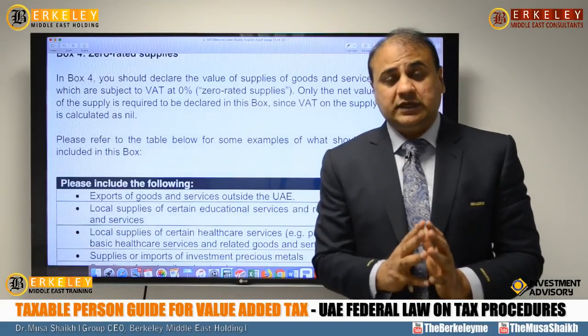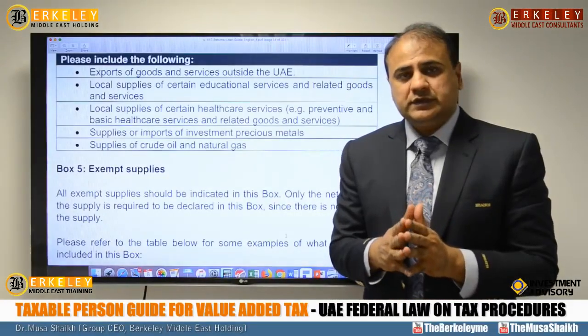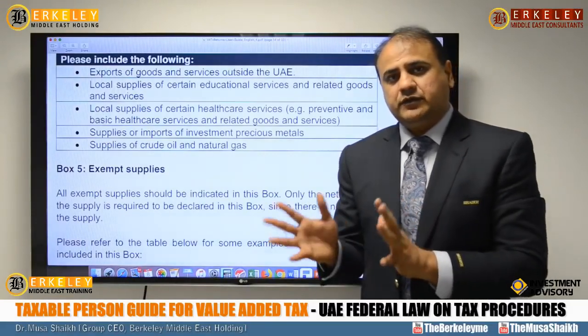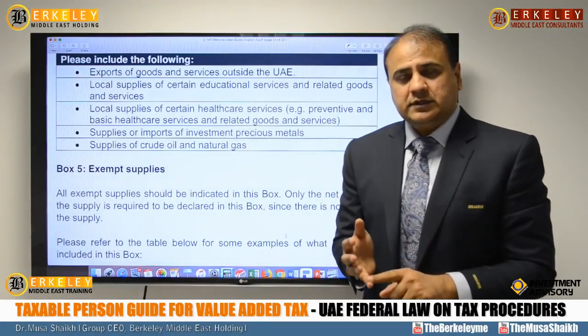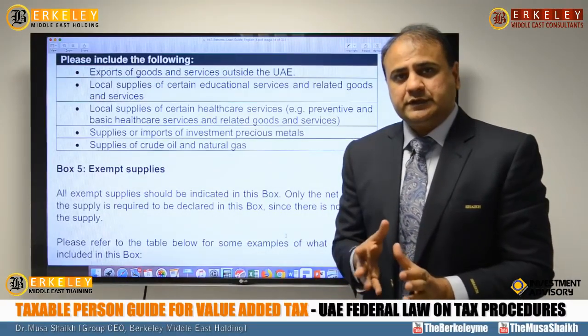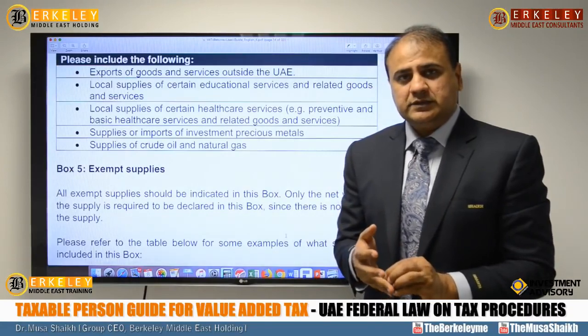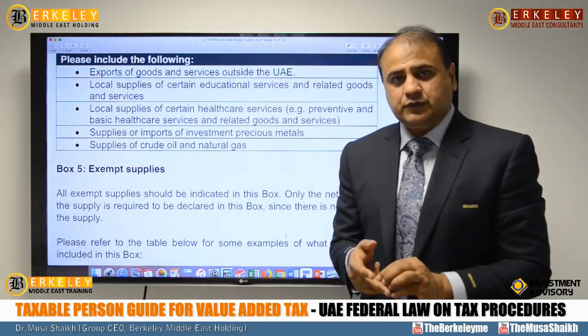So in what you need to include, first let's discuss that. All exports are zero rated, so export of goods outside of UAE will be zero rated, that you need to disclose here. Local supplies related to educational services, healthcare, any kind of supplies on import of precious metals, supplies of crude oil.